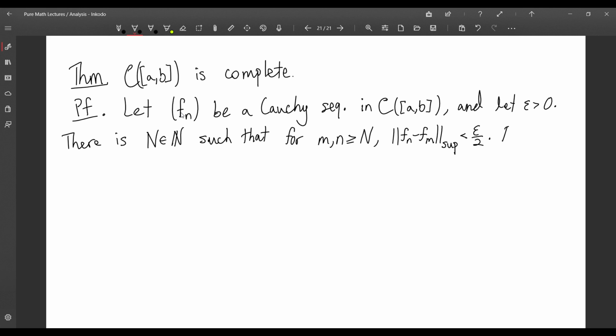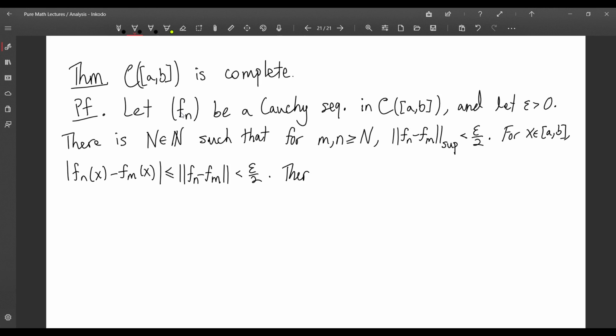Now for x in AB, the value of f sub n minus f sub m at x is, by definition, less than or equal to this supremum norm, which is less than epsilon over 2.